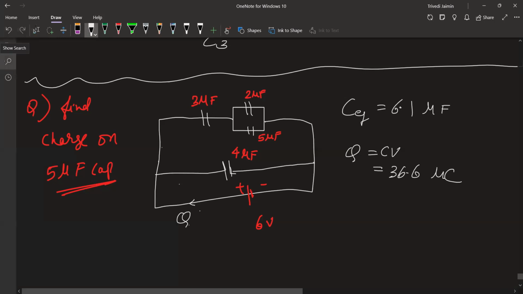So you got 9. Okay, somebody wrote something. No, this answer is 9 microcoulomb.